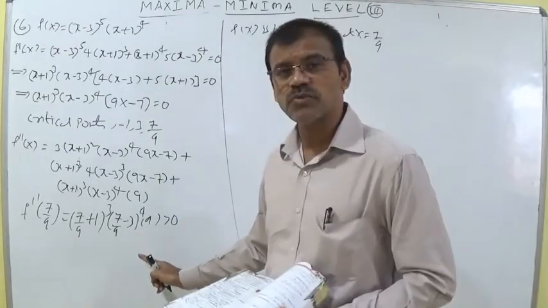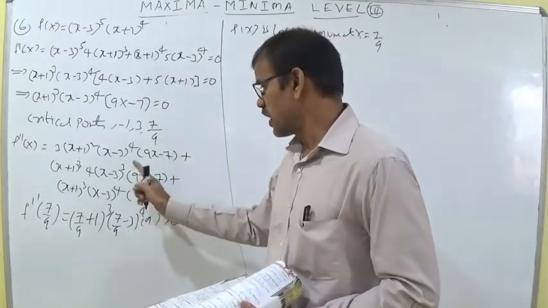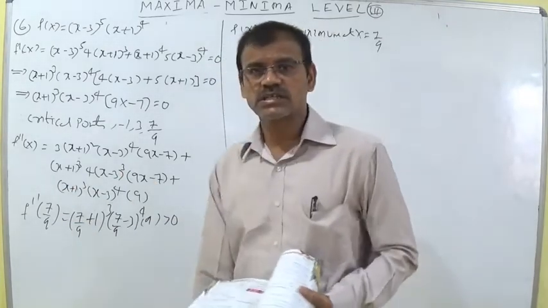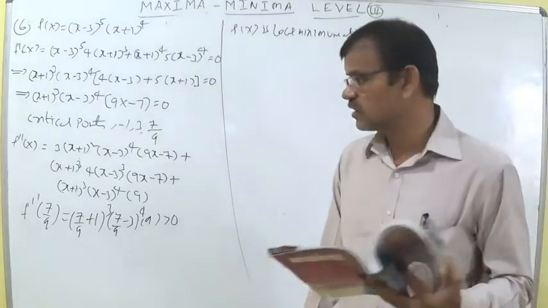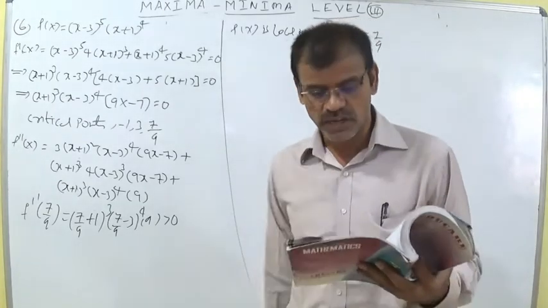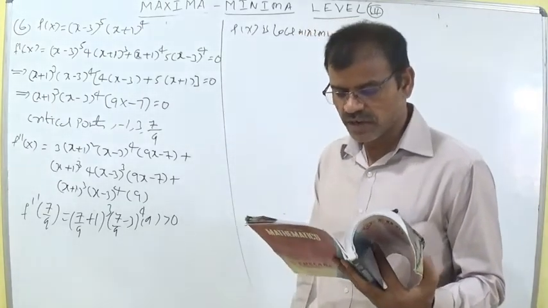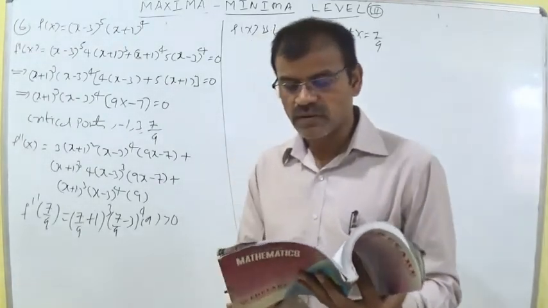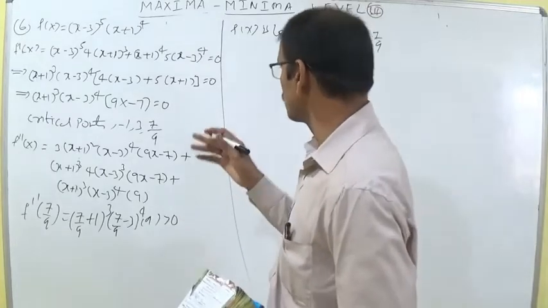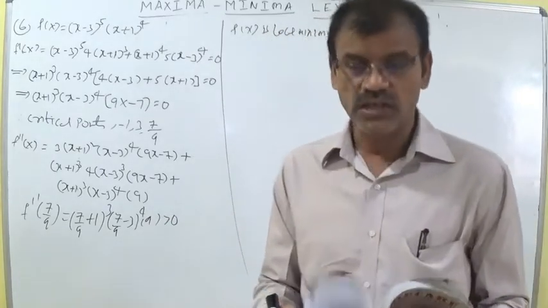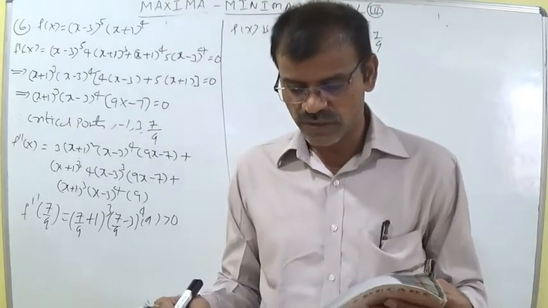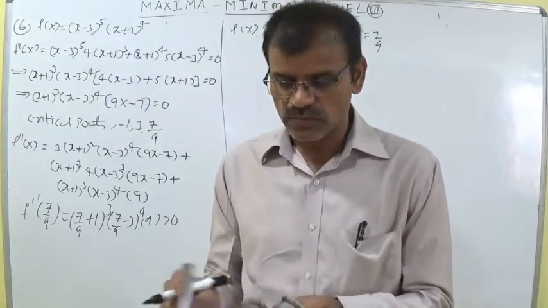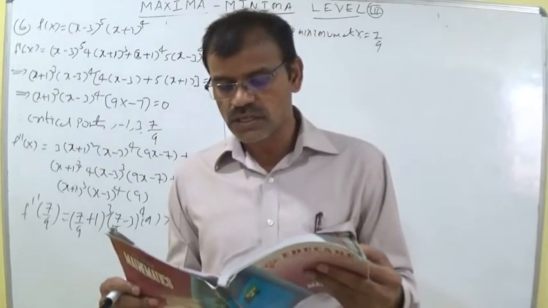At x equal to 3 we got f''(x) as 0, so we cannot decide whether it is minimum or maximum. Next, at x equal to -1 also we cannot decide. But in some books, students, you get the fourth option: f(x) has no extrema.